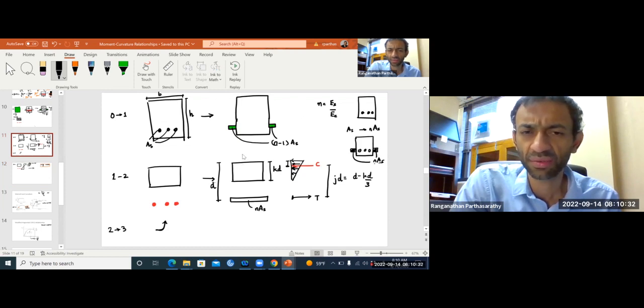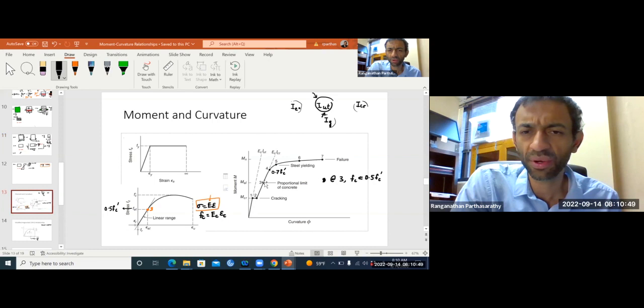First point, that you can take the neutral axis as a centroidal axis, we cannot use anymore after 0.3. Up to 0.3 on the curve, the steel stress-strain relationship is linear, concrete stress-strain relationship is also linear.